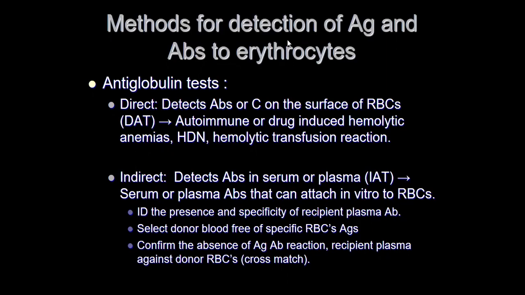So the methods for detection of antigen and antibodies to erythrocytes, we call it the Coombs reagent, as we said, or the antiglobulin test. If the red blood cells are sensitized, we detect them, or if the mother has antibodies, also we could detect them with the indirect antiglobulin test. So in the direct, here we detect antibodies or even complement on the surface of the red blood cells. We call it the DAT, or direct antiglobulin test.